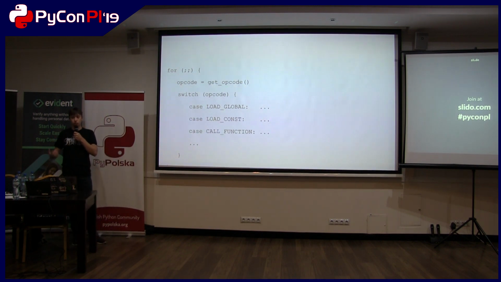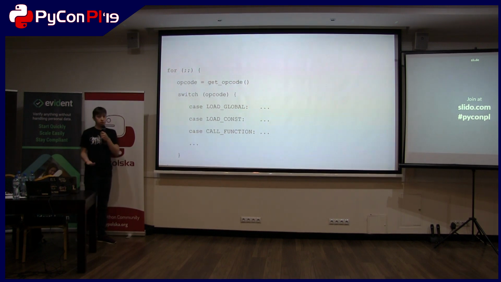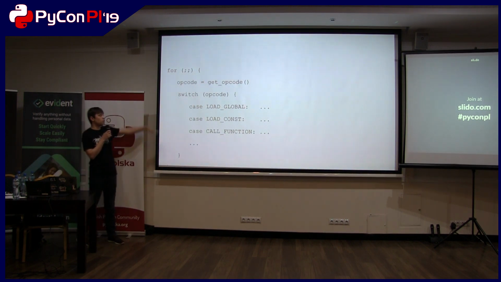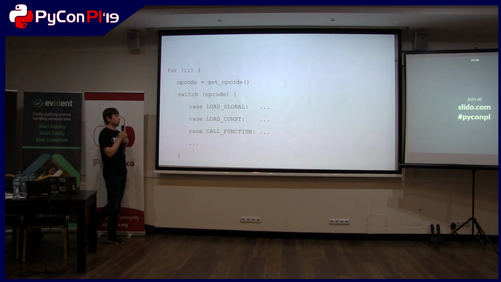For example, a module is a code object, which we'll see a bit later. A function is also a code object. Whenever you're calling a function, there is a function inside the CPython interpreter called something like eval, and it contains a loop that looks similar to this.